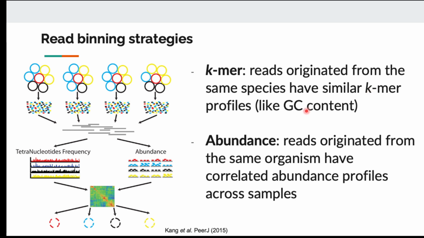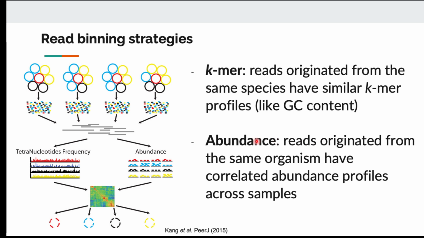But we know that something like GC content is not fully specific. You can have entirely different types of genomes with the same GC content. So the second piece of evidence that people use to bin the reads together is the abundance of the reads. Let's say you have a certain sequence. For each sequence, you can have multiple reads because you have multiple molecules of DNA and RNA.